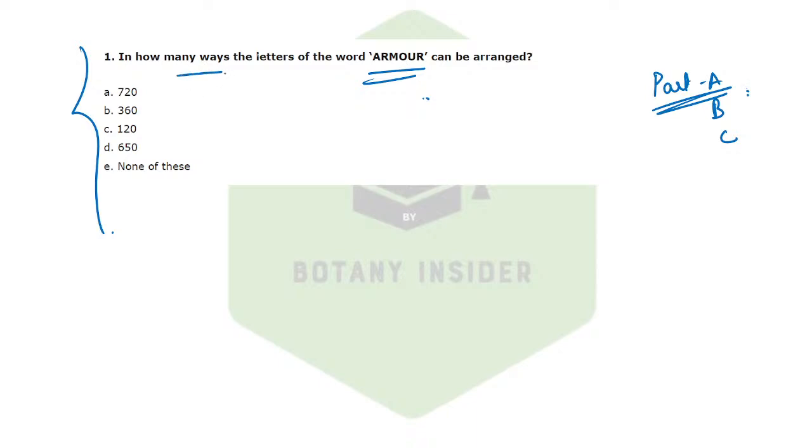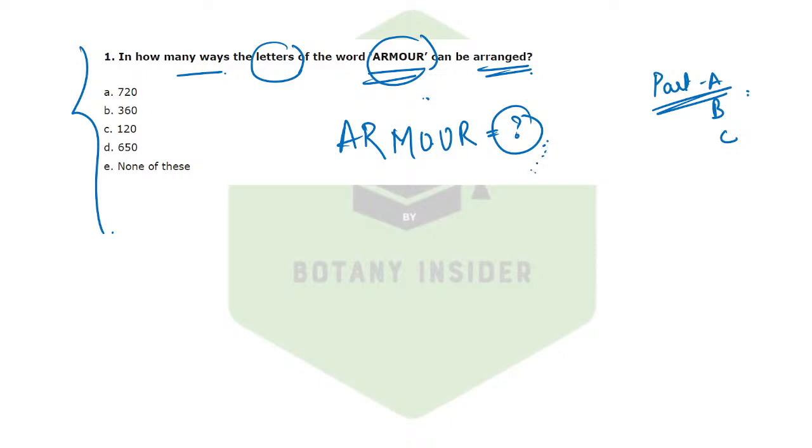The question is: in how many ways can the letters of the word ARMOUR be arranged? You need to find out in how many ways you can arrange this particular word. There's a very basic concept behind this question.